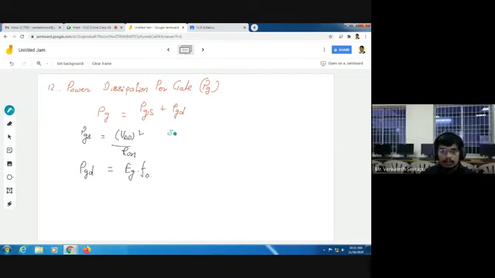So what is the overall scaling factor for PG? 1 by beta square into 1, so 1 by beta square.